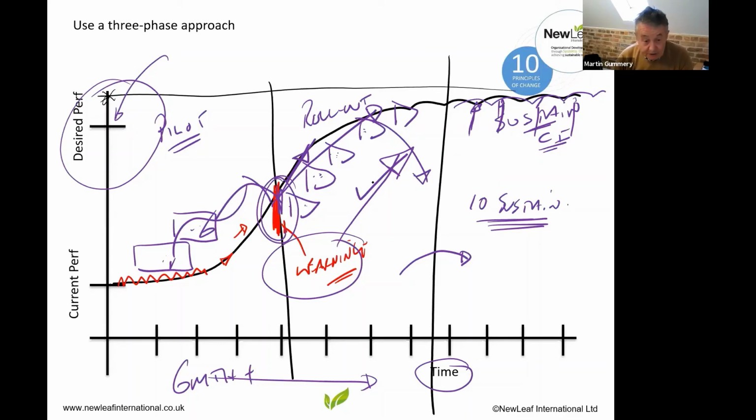These aren't in any particular order, but we always make sure, even if it's a relatively small organization or part of a bigger one, still pilot, then roll out and sustain. And of course, like every principle, you need to take the intent of it and not the actual binary meaning of it.